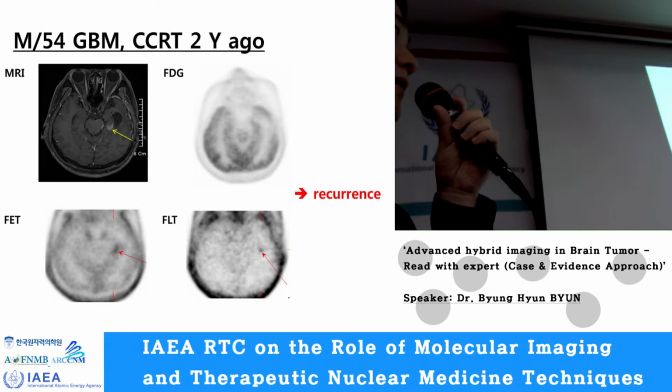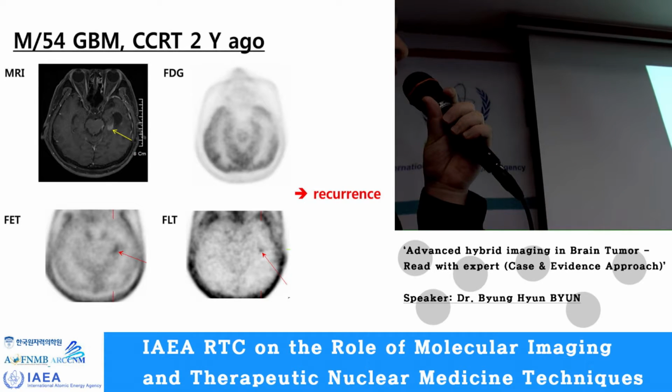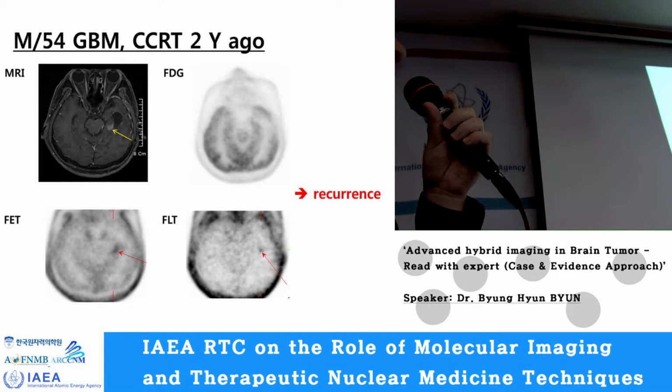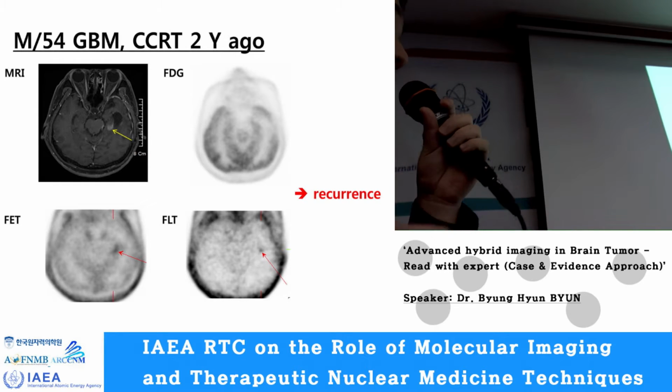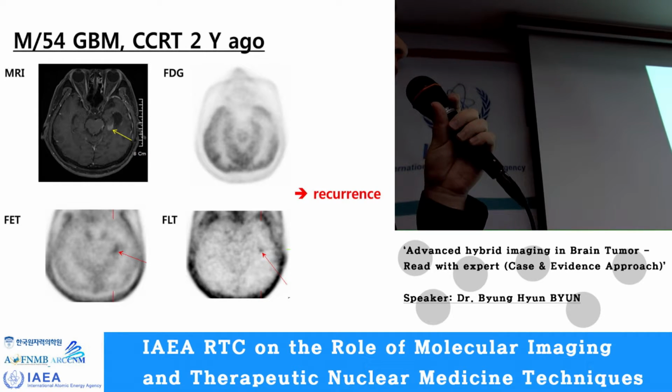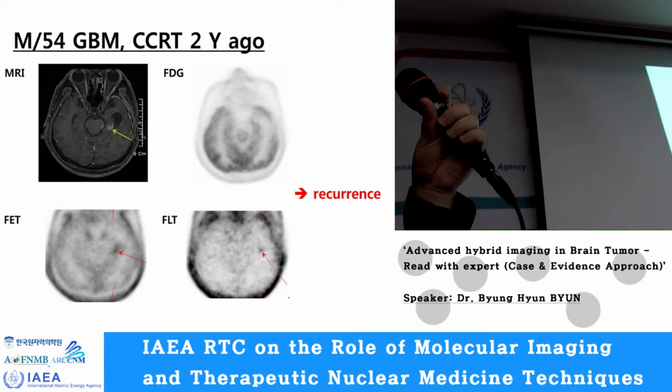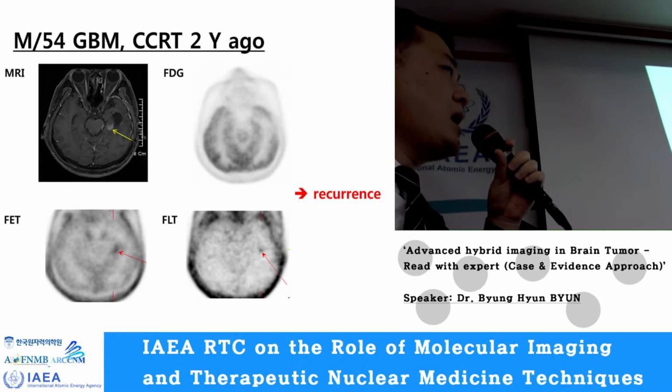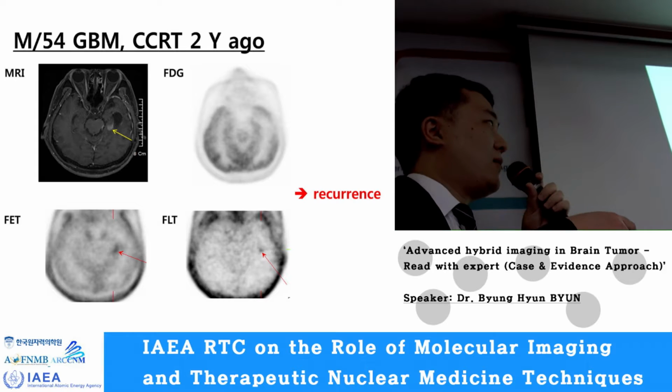This is a case in our institution. The patient was treated with concurrent chemotherapy and radiotherapy 2 years ago for GBM, a high-grade tumor. During follow-up, there was an enhancing lesion on MRI.